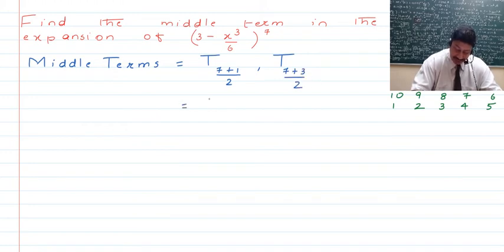So that is going to become equal to T8/2 and T10/2, right? So thus we will find the fourth term and the fifth term, which will be the two middle terms.